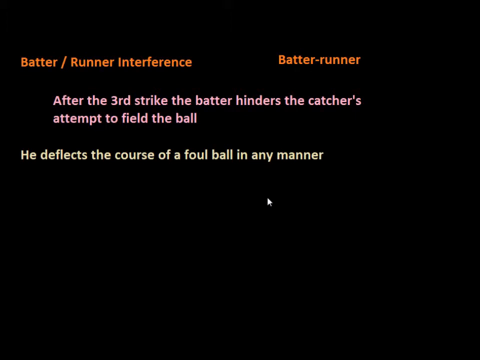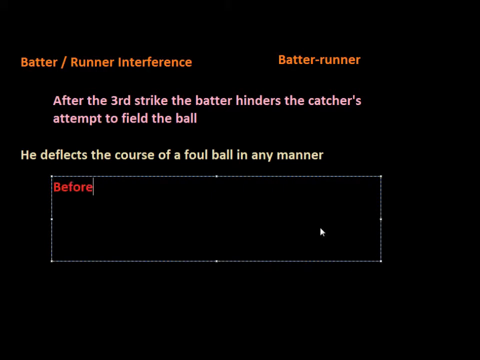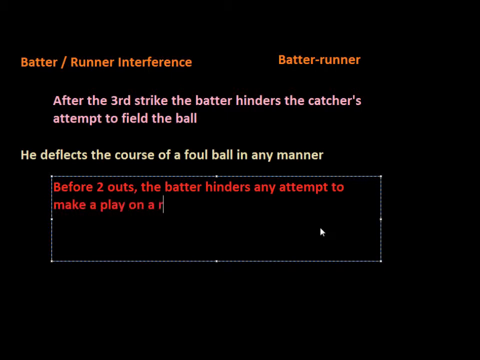The next one is that before two are out and there's a runner on third base, the batter hinders a fielder in making a play at home plate. So before two outs, the batter hinders any attempt to make a play on a runner at home plate.